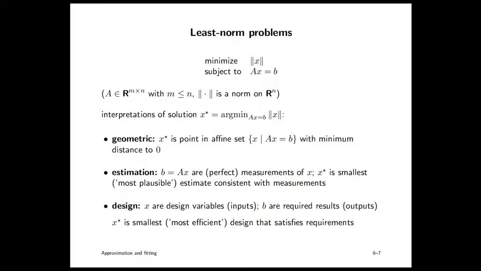We choose the one which is the smallest one among all the parameter vectors. In the design interpretation, the x vector are the design variables among all the designs. The least norm problem chooses the smallest design, which is measured by the norm.